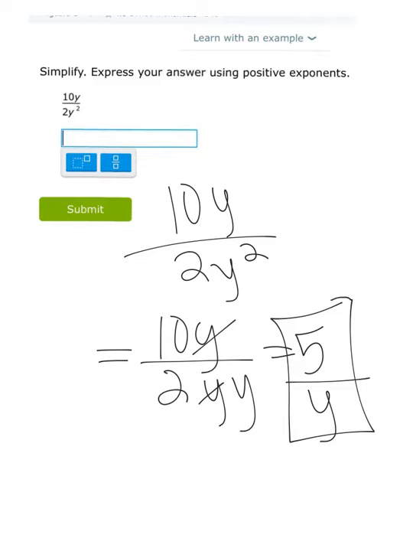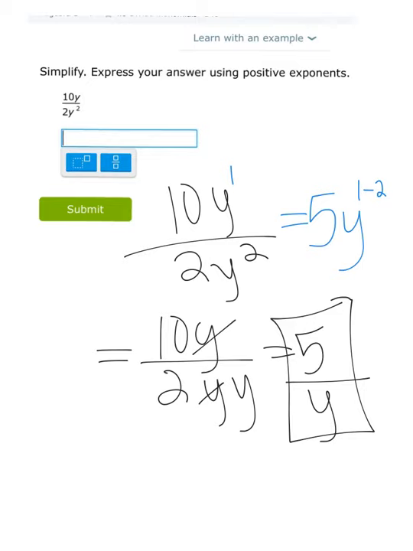Okay, you could have also used the rule where you just subtract your exponents. So let me choose a different color. So if I wanted to come back up here, I would still do 10 divided by 2 to get 5, but then for my y's, I would subtract my exponents. So remember, there's really like a 1 up here. It's an invisible 1. 1 minus 2 would be negative 1.